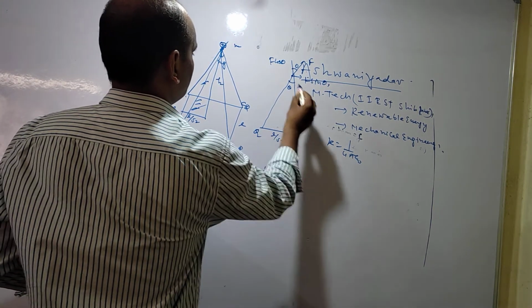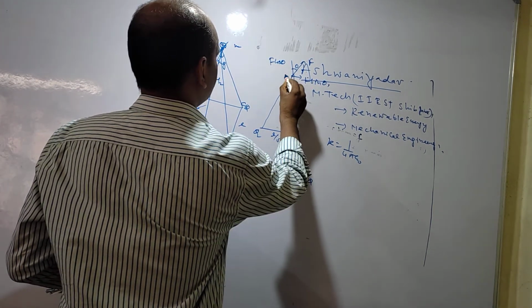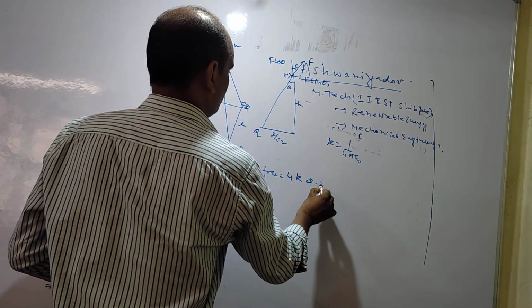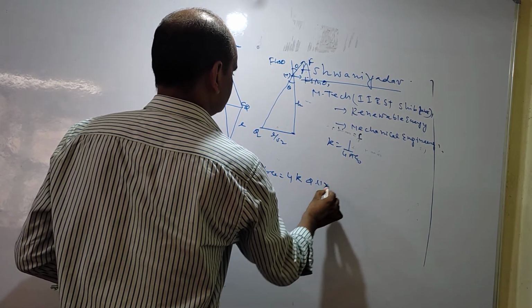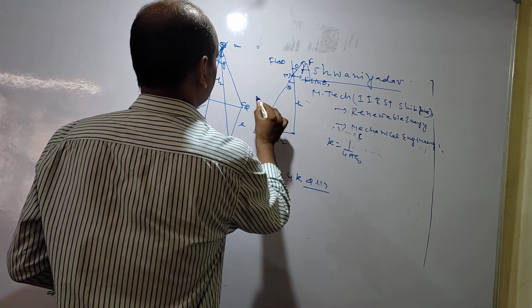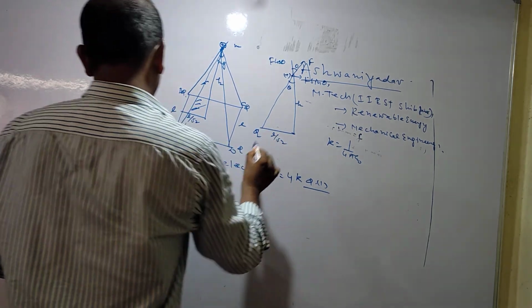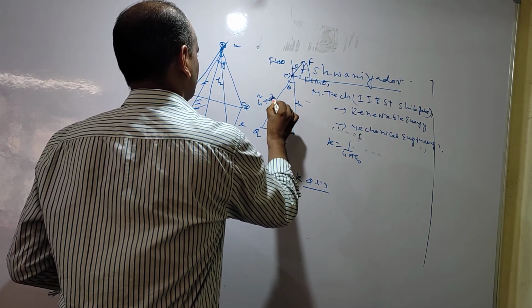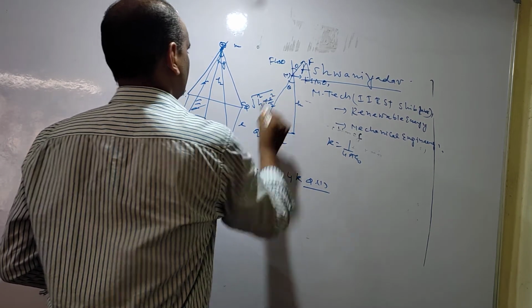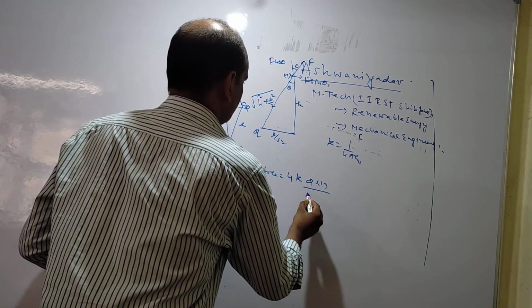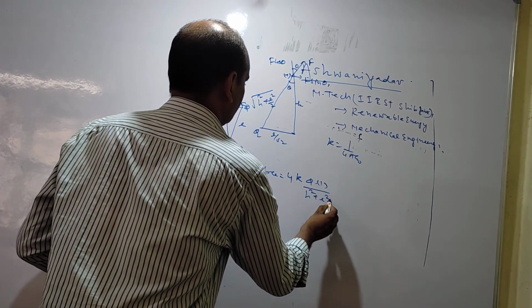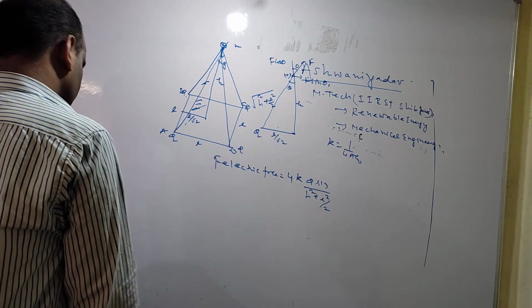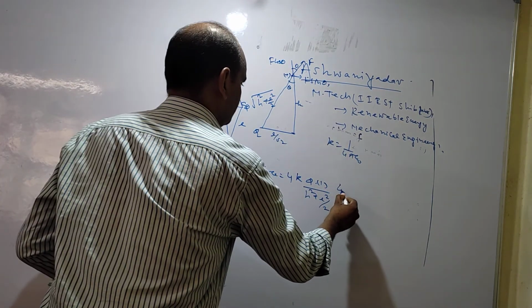This is Q, and this is the unit charge, into 1 by the distance squared. Just use the triangle: h square plus L square by 2, and cos theta.